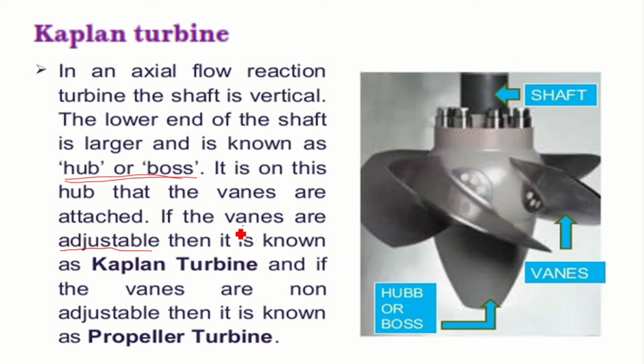In the case of the Kaplan turbine, the vanes are adjustable, whereas in the case of the propeller turbine, the vanes are non-adjustable. Non-adjustable vanes, then it is known as a propeller turbine. If the vanes are adjustable, then it is known as a Kaplan turbine.